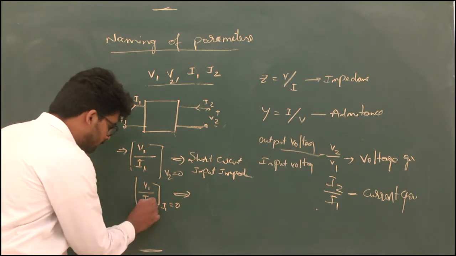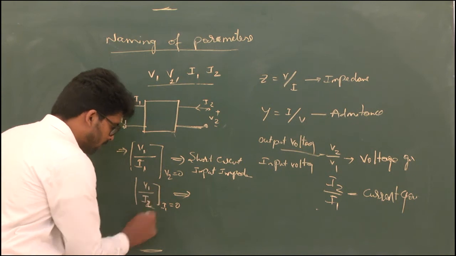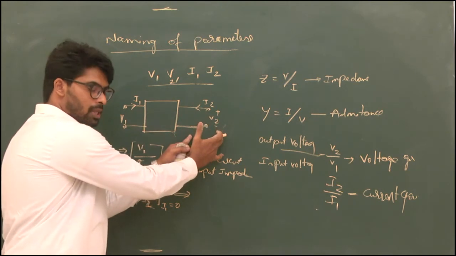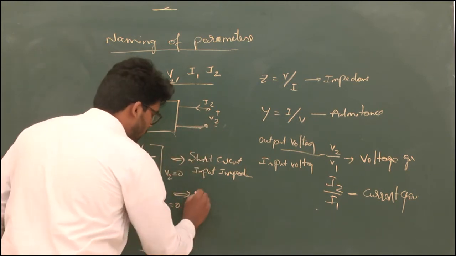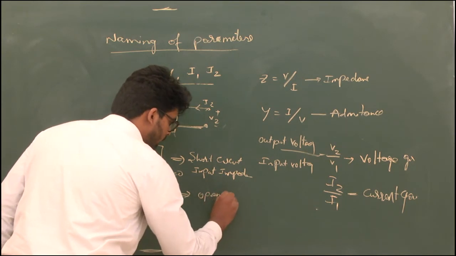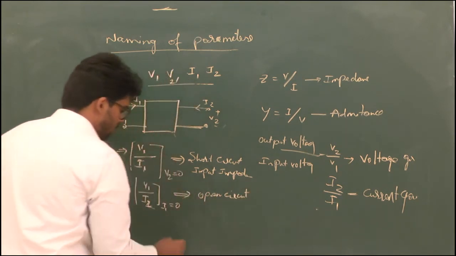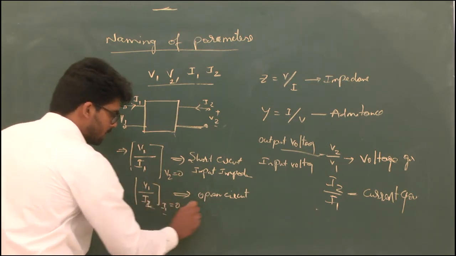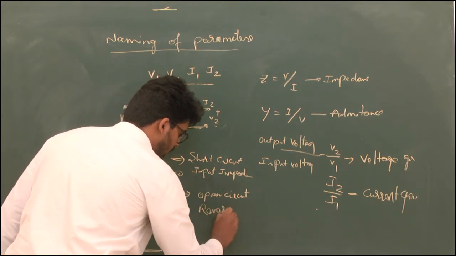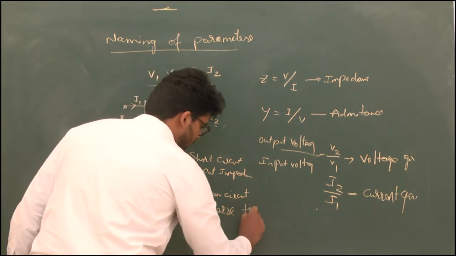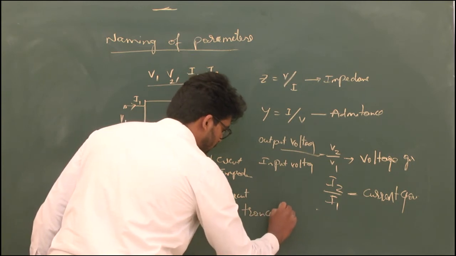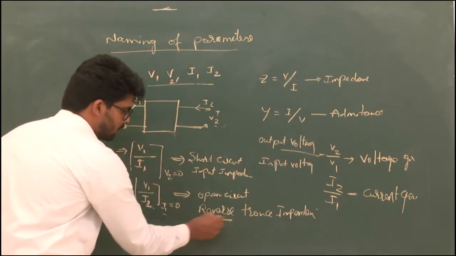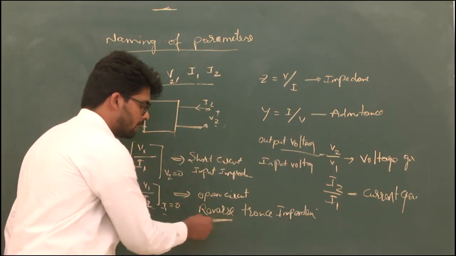But if you look carefully, I1 and I2 mean we are taking the input response first and the output response next. So this is an open circuit, and we name this the open circuit reverse transfer impedance. So why did I say reverse? There may be a reason for reverse.